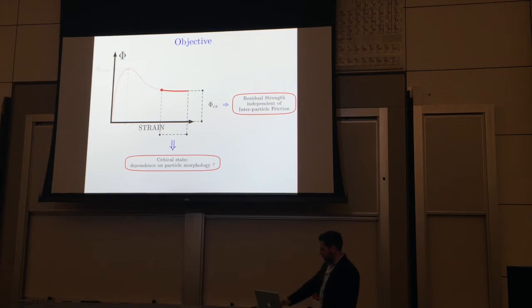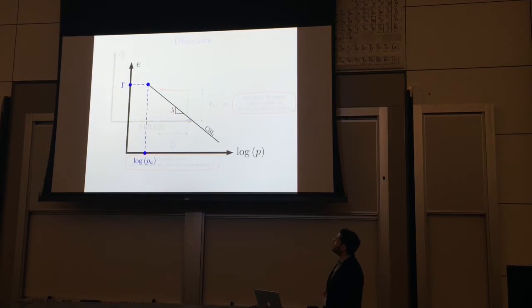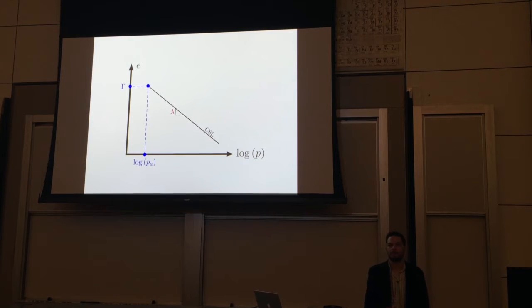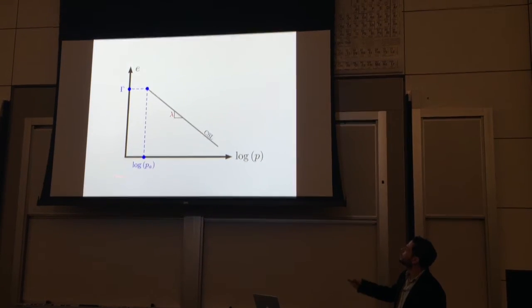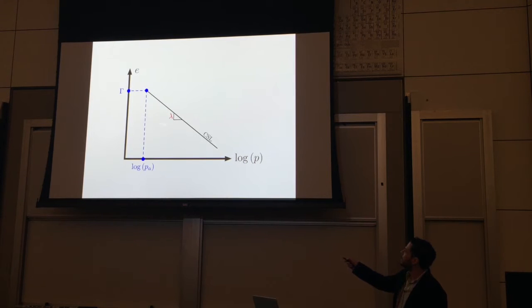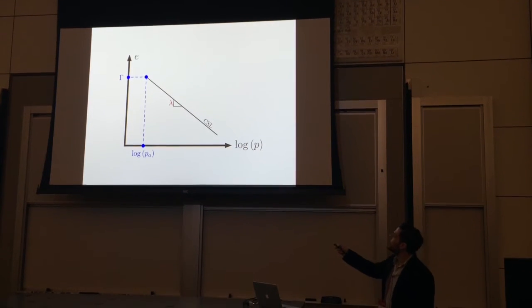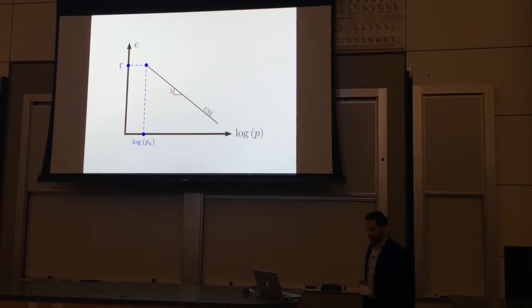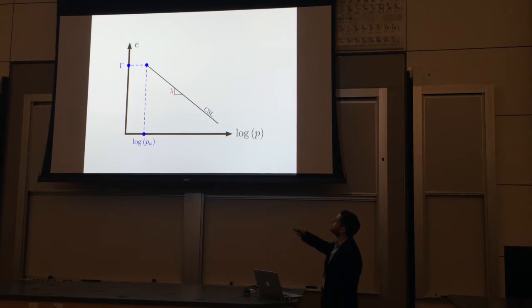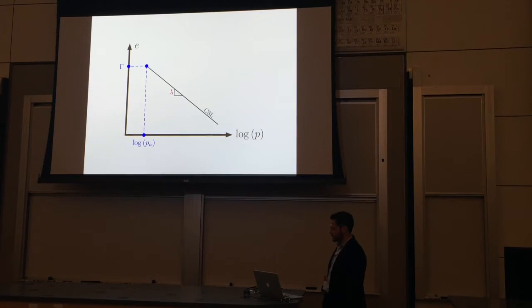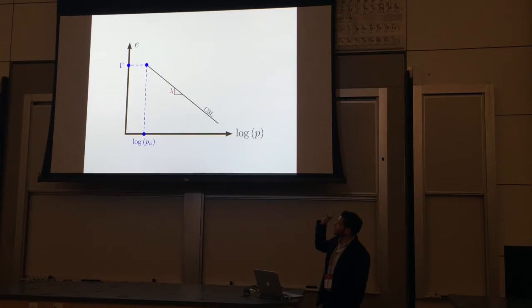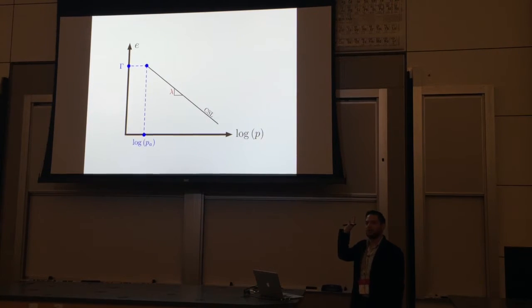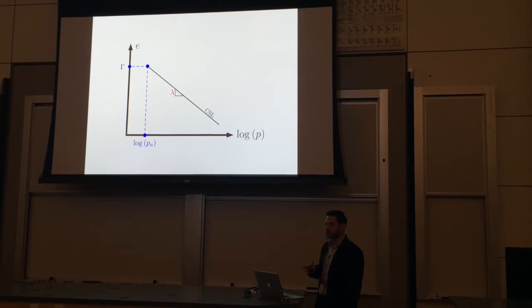At critical state we also have other parameters, and entire models and books have been written in terms of these parameters: the critical state line slope, lambda, and gamma, which is the intercept of the critical state line at some arbitrary pressure. So we want to relate these three parameters to morphology.